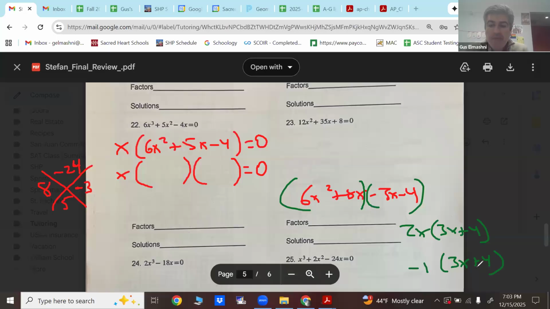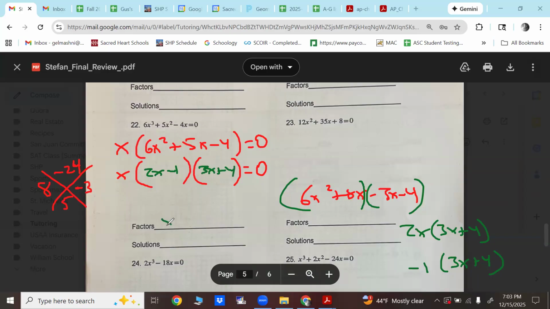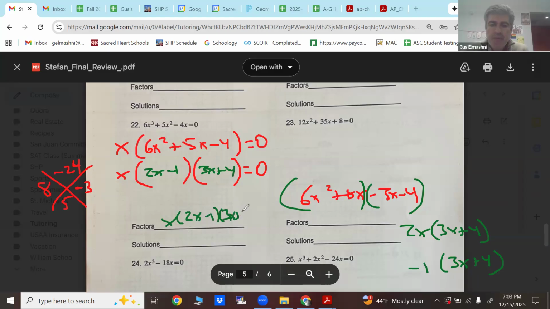No, -1, I guess so. So you have 2x minus 1. So those are your factors. Nice Christmas colors here. And then see what makes each of these 0. So that'd be 0, 1/2, or -4/3.